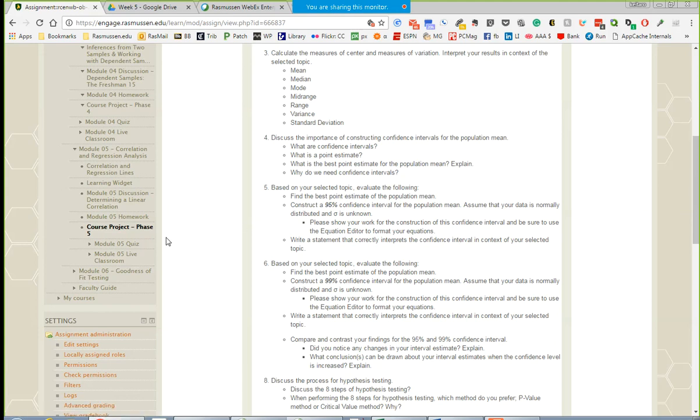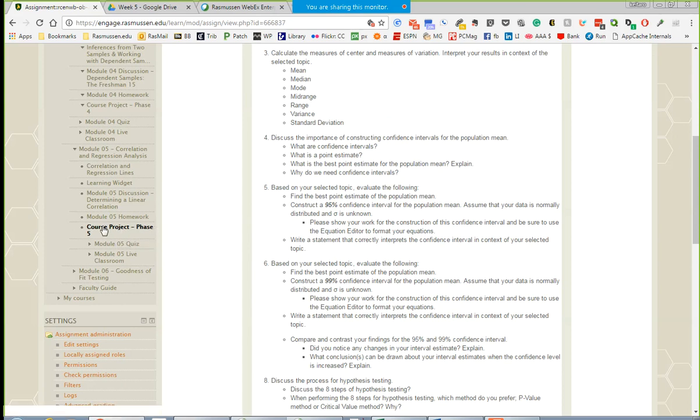So you don't have to do project 5. I'll just give you the grade that matches your overall grade. So this project phase 5 won't impact your grade in either way, positive or negative.